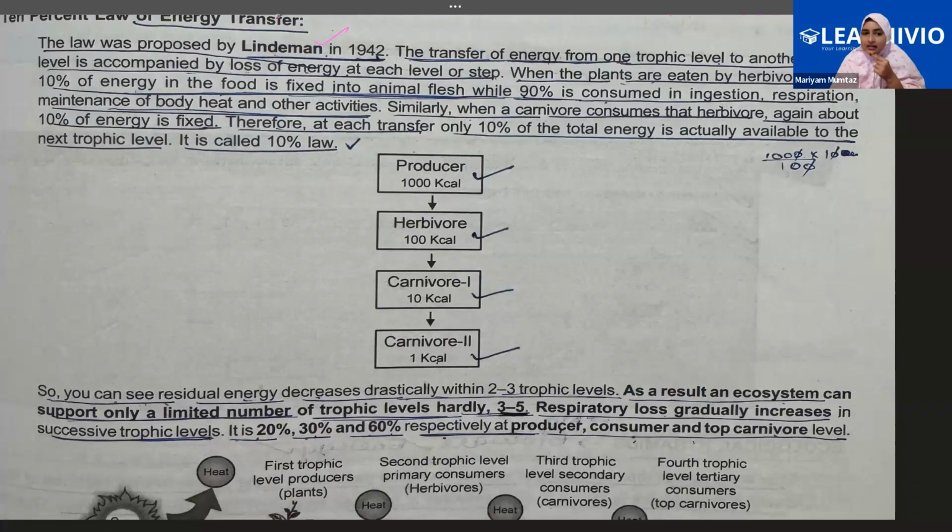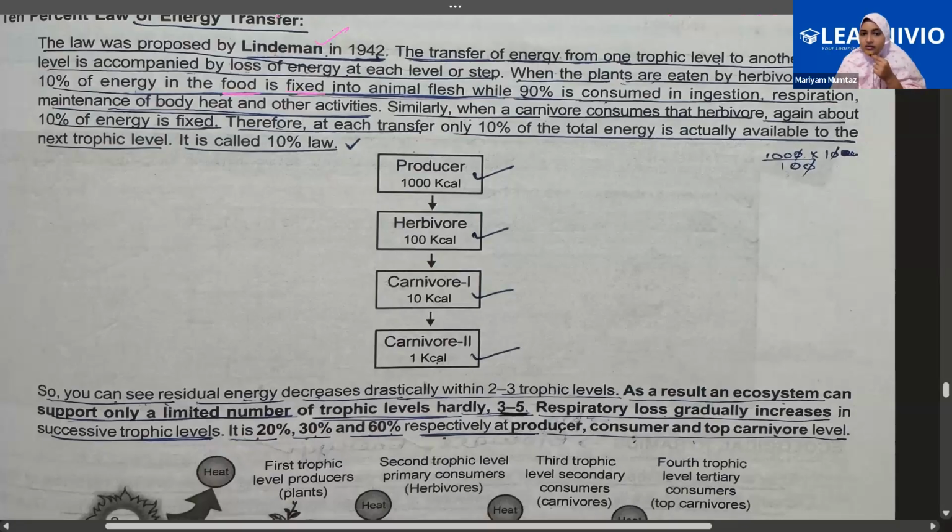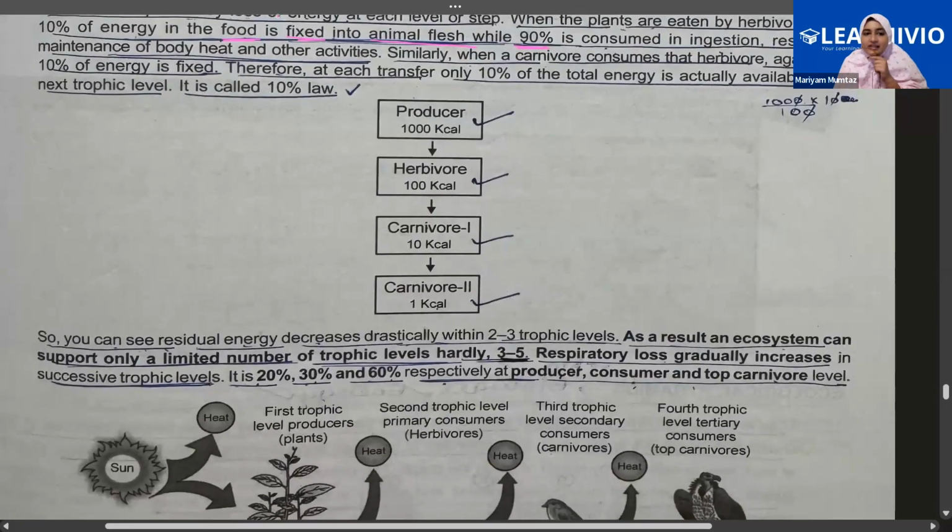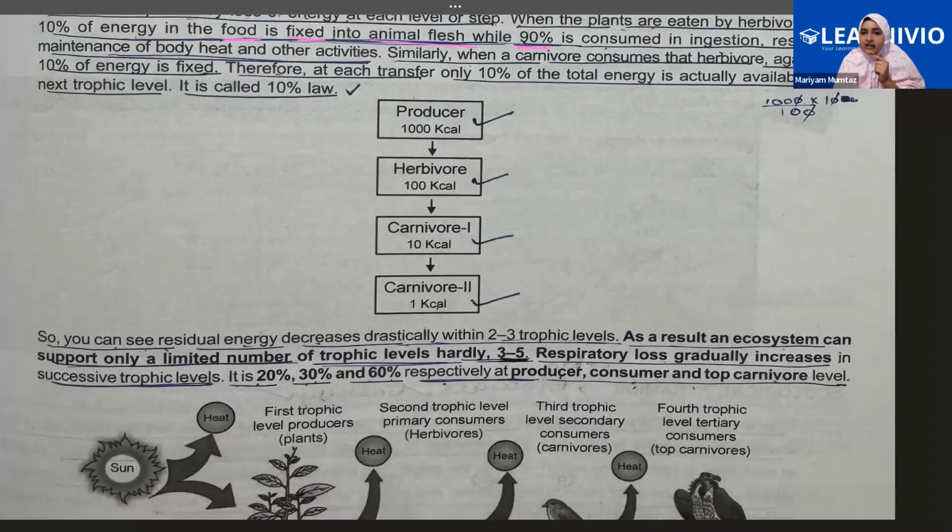When the plants are eaten by the herbivores, about 10% of the energy in the food is fixed into animal flesh, while 90% is consumed in ingestion, respiration, maintenance of body heat, and other activities. Similarly, when a carnivore consumes the herbivore, again 10% of the energy gets transferred. So all in all, we can say that at every trophic level, only 10% of the energy is being transferred. And that is what we call the 10% law of energy transfer, which is given by Lindeman.